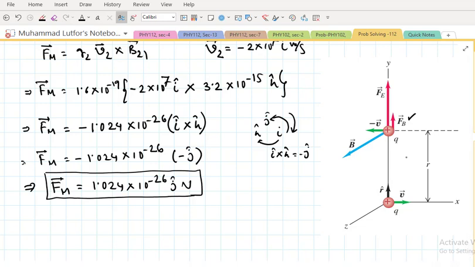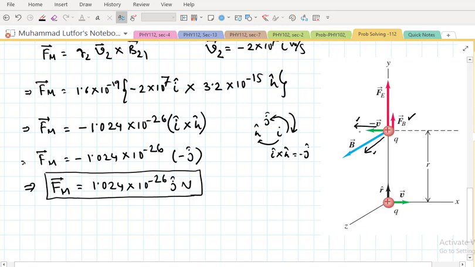How? You can put your index finger towards the speed, the velocity direction, right? Then keep your palm towards the magnetic field direction. Keep your index finger toward that direction and keep your palm towards the magnetic field.